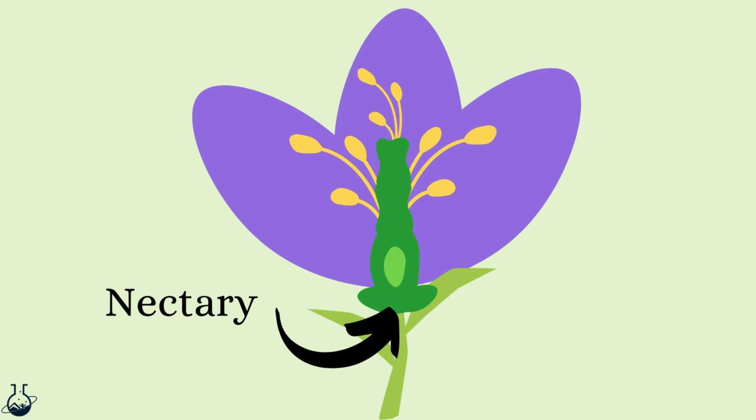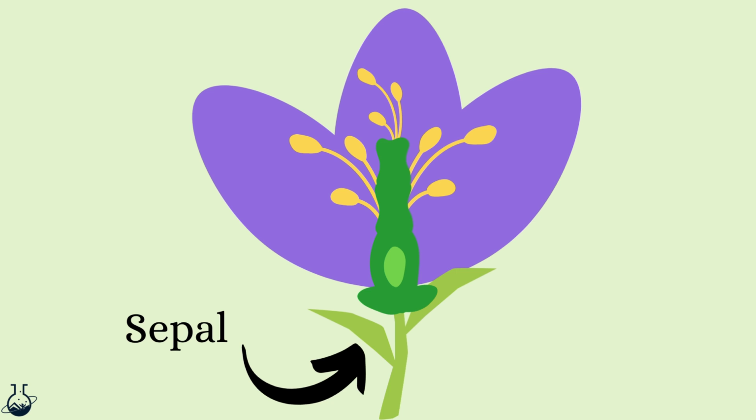The flower also has a nectary, which you might be able to guess what this is for, producing sugary nectar which insects, such as bees, will collect for their own use. And a sepal at the bottom, which has an important role in protecting the unopened bud.